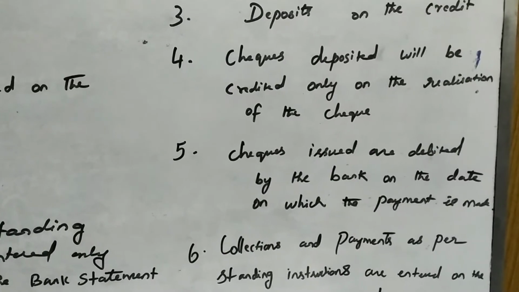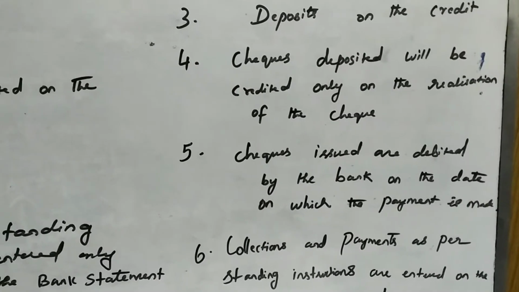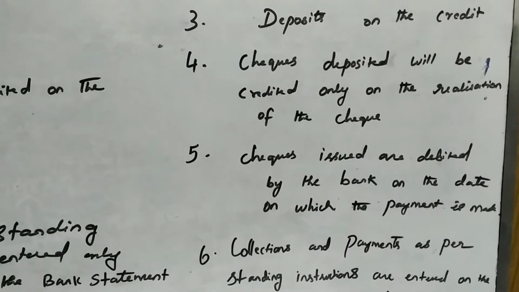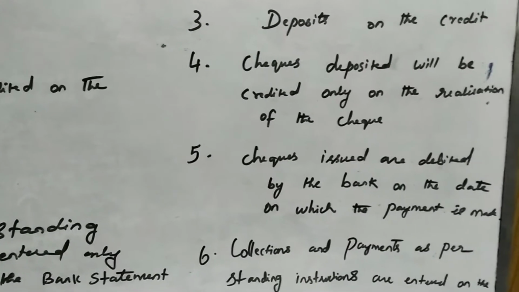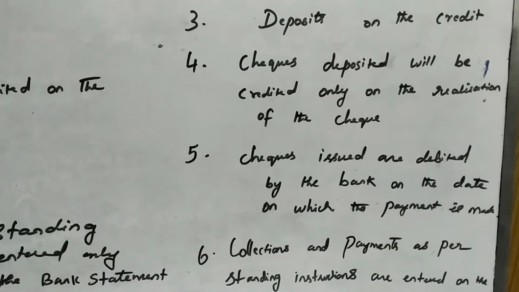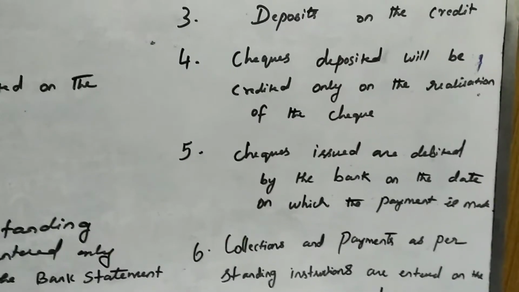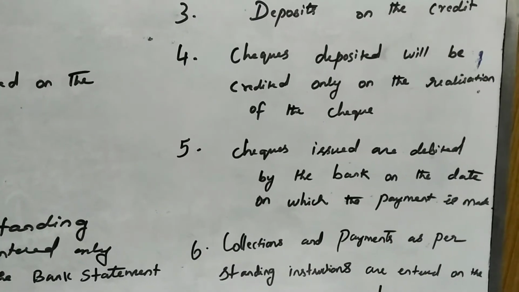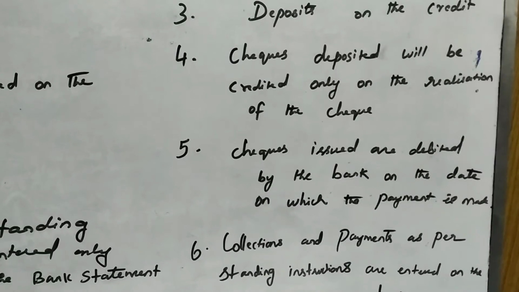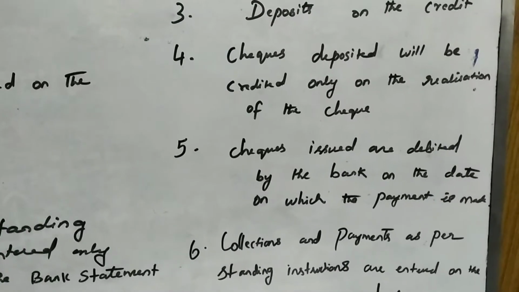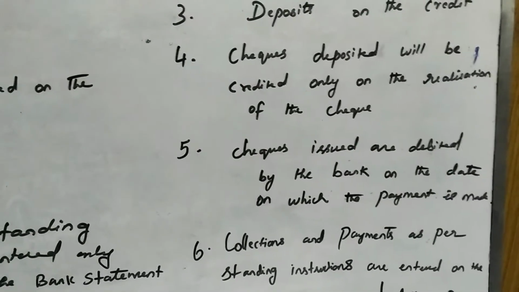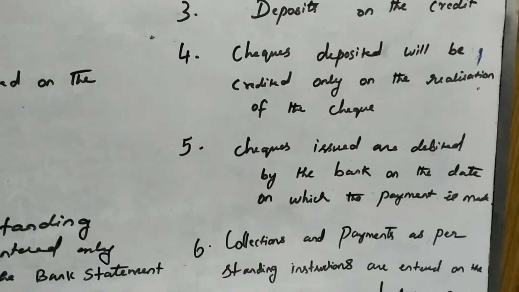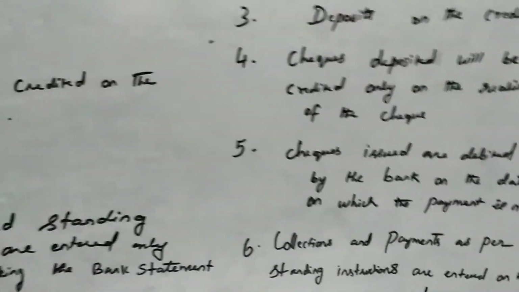And the amount has been transferred from my account to Mr. Ram's account only on 2nd of March. So in your passbook, checks issued are debited, which means money has been taken out or transferred from your account to that person's account only on the date on which the payment is made, 2nd of March. Able to understand?